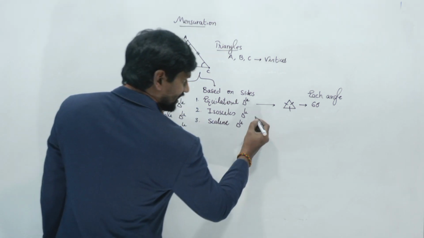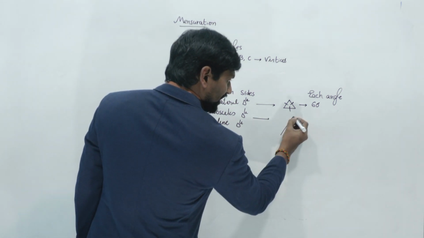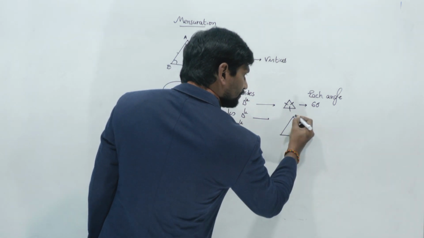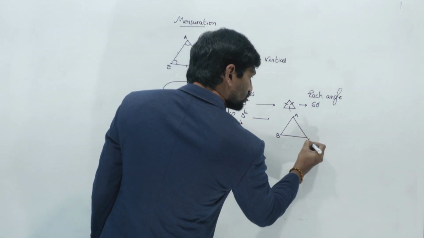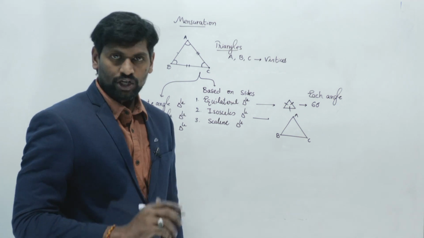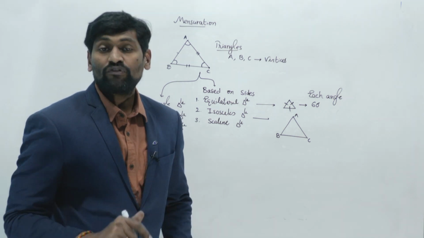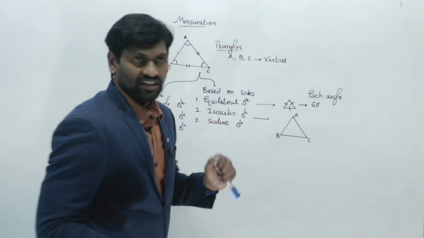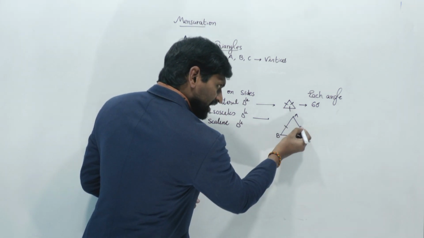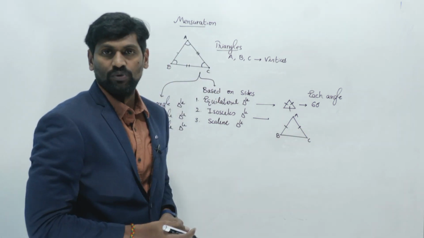Now the isosceles triangle. In an isosceles triangle, any two sides are equal. Now I am taking AB and AC; these two sides are equal.